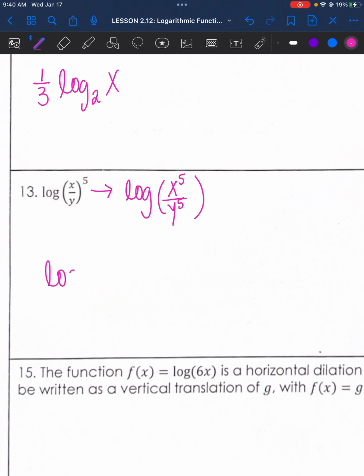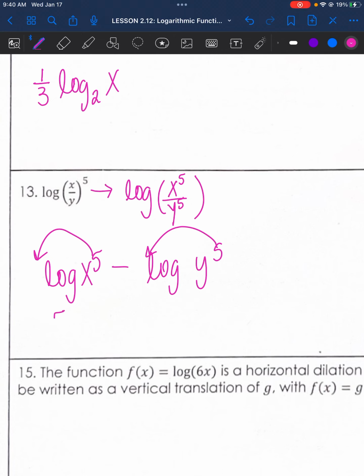So log of x to the 5th minus log of y to the 5th. These exponents come to the front. 5 log of x minus 5 log of y. If you brought the 5 out in the front like I was originally going to do, you have to remember that that 5 goes with all of the logs.